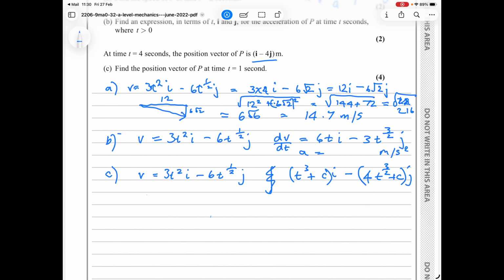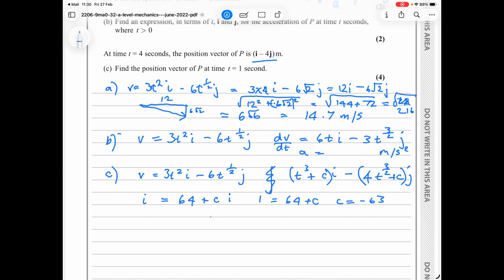Okay, that's that bit done. Now we're going to say at 4 seconds it equals that. So let's put that in. Let's start off with the i. So 1 must equal 4 cubed, which is 64, plus c, which means c equals minus 63.